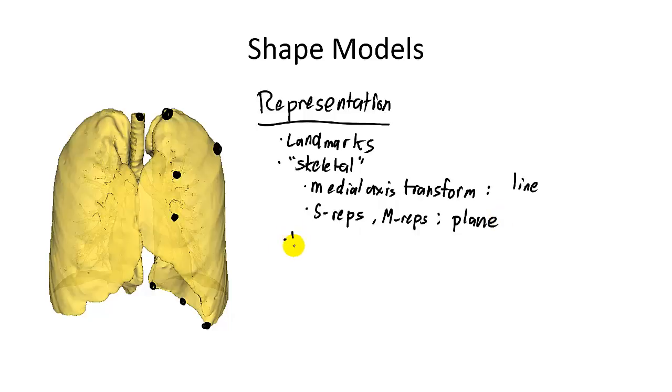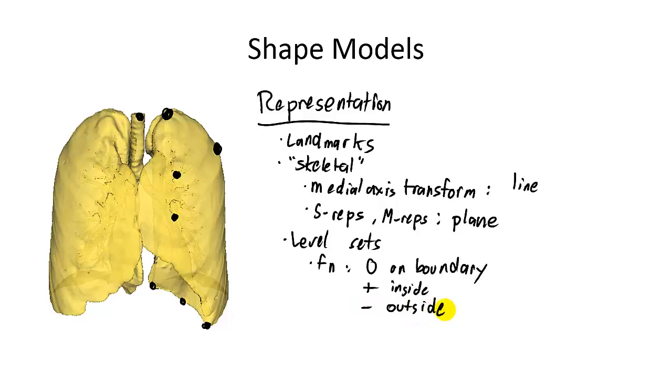Another common representation is using level sets. So a level set is basically a function that's 0 on the boundary of the object, or the shape that's being represented, positive inside, and negative outside. And having this function is kind of nice because then you can combine different shapes simply by having a linear average of their functions. And working with the space of functions is usually quite nice.